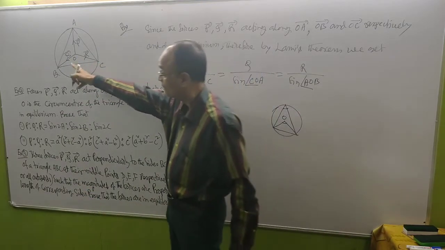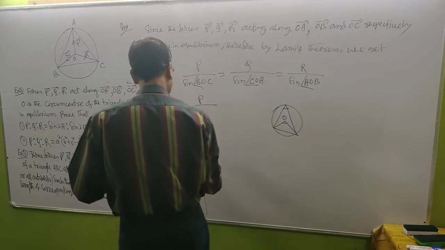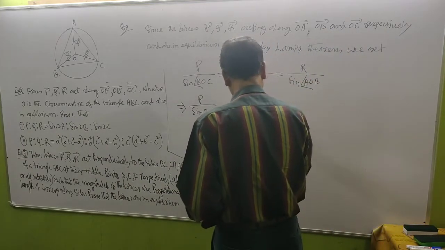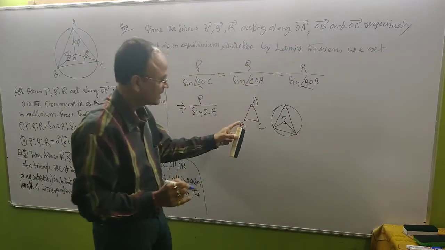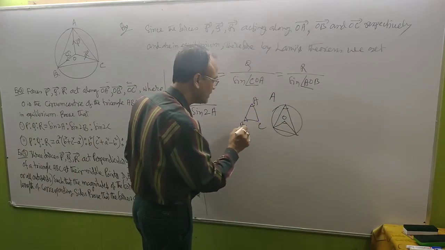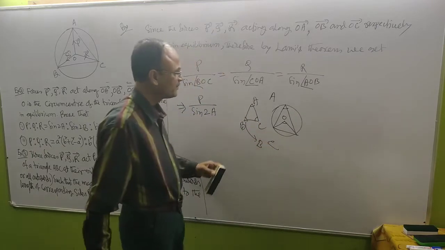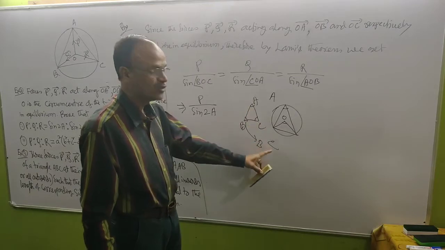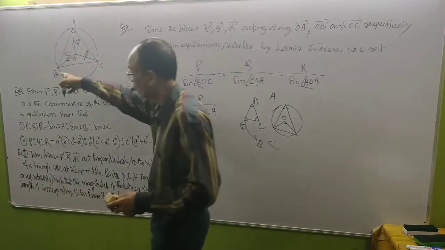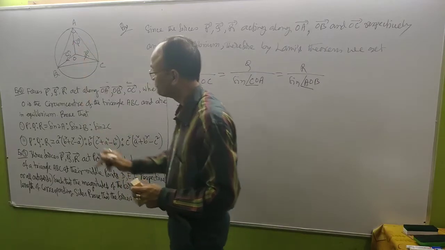BOC is equal to 2 times angle BAC, so sine of twice A. In triangle ABC, angle BAC we denote by A, angle ABC we simply write B, and angle BCA we simply write C. A will always mean angle BAC. Now, P divided by sine twice A.